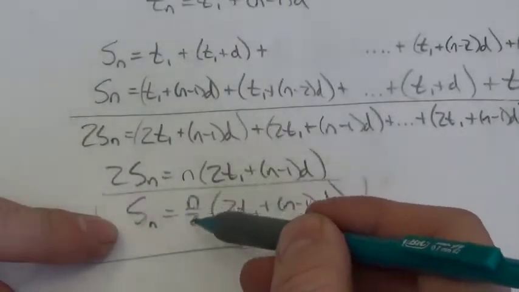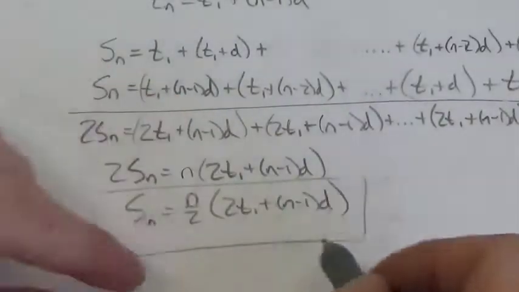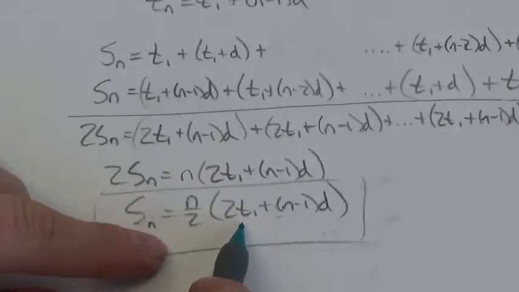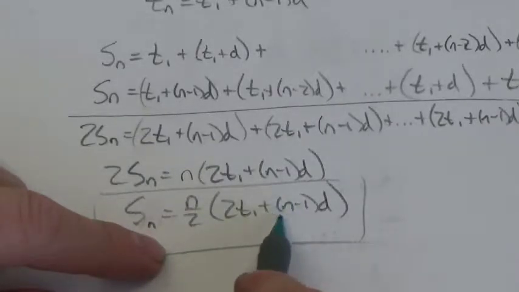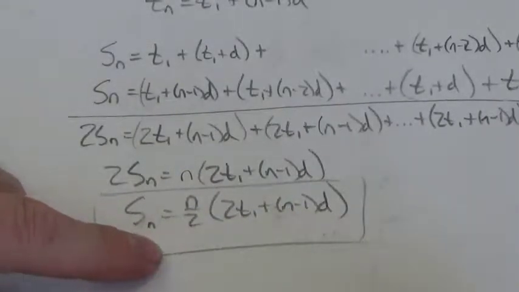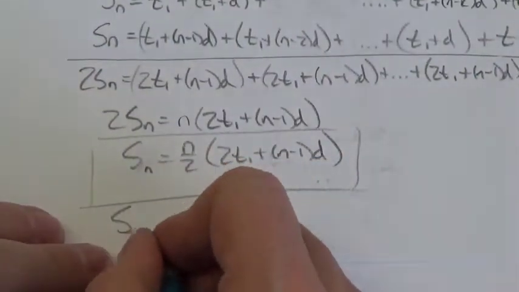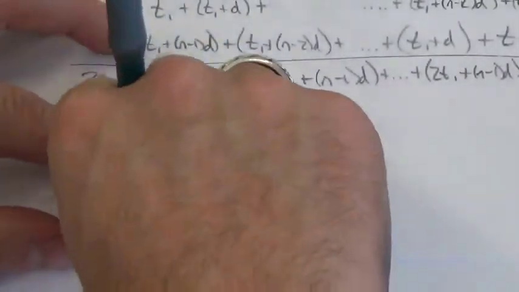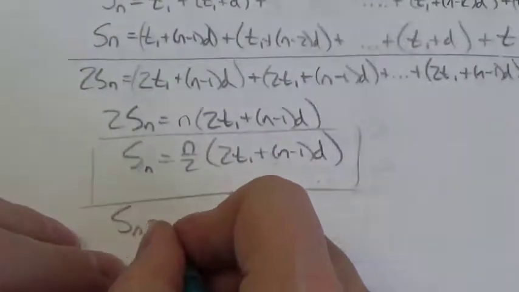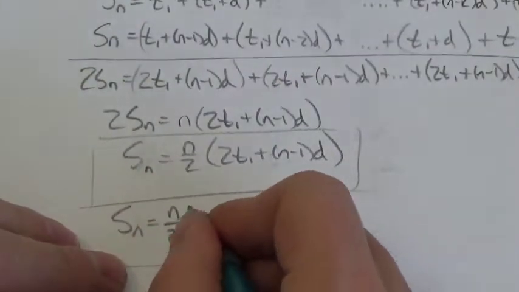It's going to be the number of terms divided by 2 multiplied by twice the first term plus the number of terms minus 1 times d. Now, we can change this up a little bit here by doing one small little thing, n over 2.